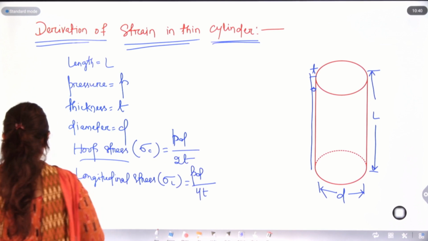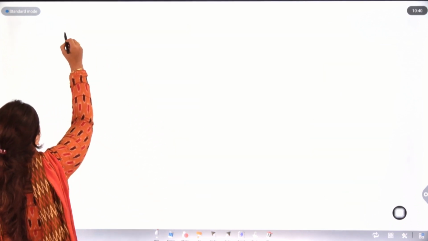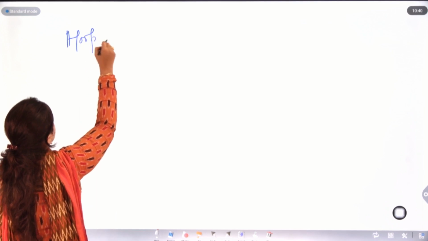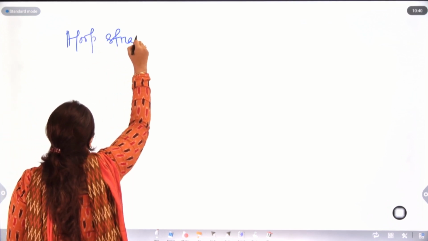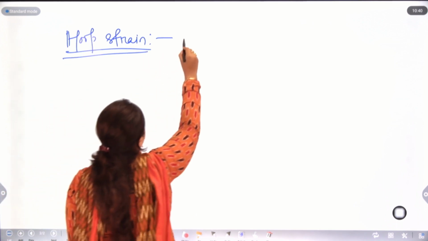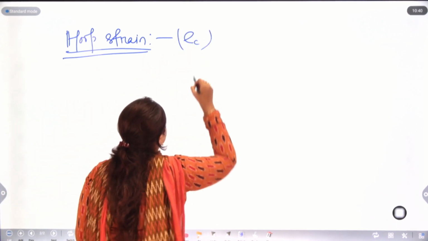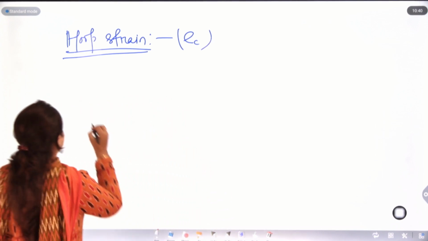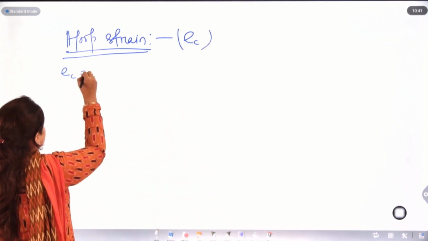First, we will calculate our hoop strain. It will be denoted by e c, as we are taking sigma c as hoop stress.